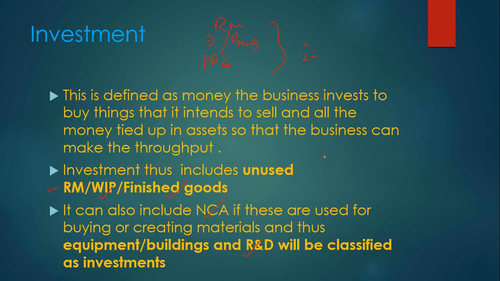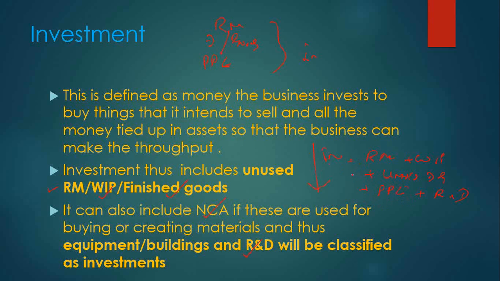So if you look at throughput, the investments will be raw material, work in progress, unsold finished goods, and also your property, plant and equipment, and also your R&D. All this is your investment. So you need all these investments, and of course every organization tries to minimize the investment.